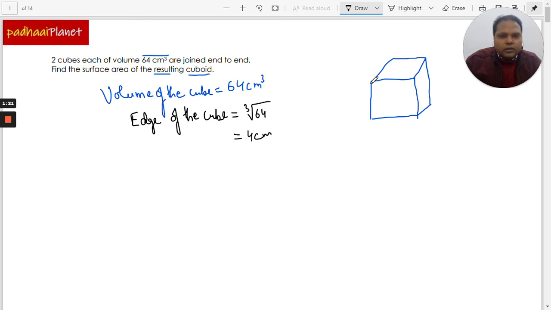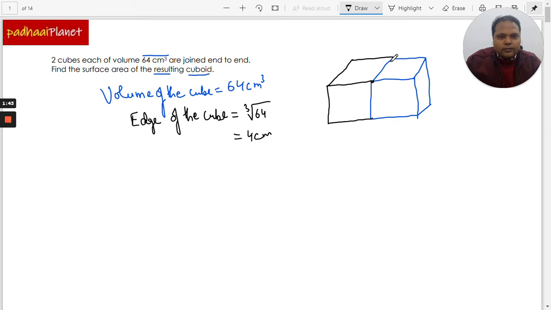Now the question says that these two cubes are joined end to end to each other. So now let's draw the second cube also, which is of the same volume, same size and same measurement of the edge. So this will look like this.